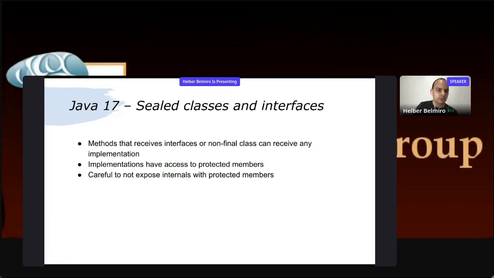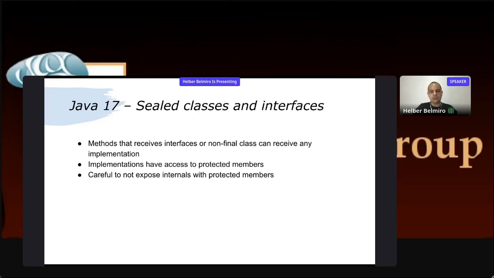So going on to Java 17, we have sealed classes and interfaces. Probably this feature was taken from Kotlin as well. For example, nowadays with Java 16 and the previous ones, methods that receive interfaces or non-final classes can receive any implementation.